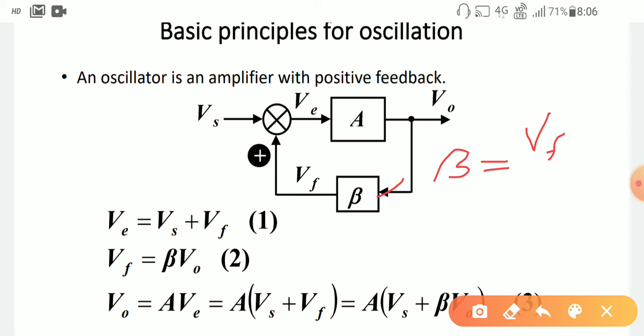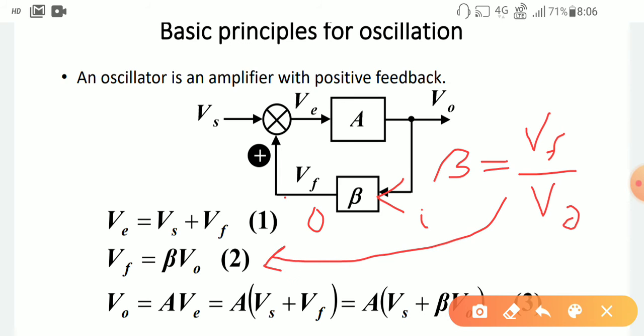Here the arrowhead is in this position, so this is input, and here the arrow is outward from this box, so it is output. So beta is equal to Vf by V of 0. From here you can write V of F is equal to beta into V of 0, which is equation number 2.